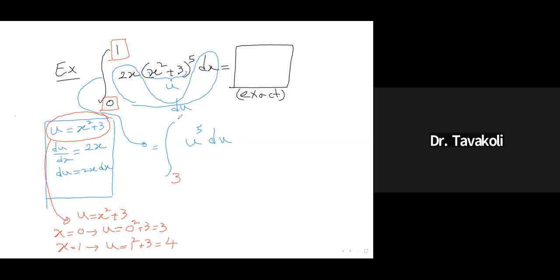For the definite integral, I don't need to go back to x, because eventually I find a number. The antiderivative of u to the 5 is u to the 6 over 6, and it should be evaluated at these values, and we should do the subtraction.